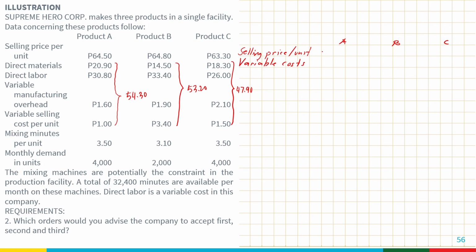Okay. So, sulat na natin dito. 64.5, 64.8, 63.3, 53.2 and 47.9, and for A, 54.3.